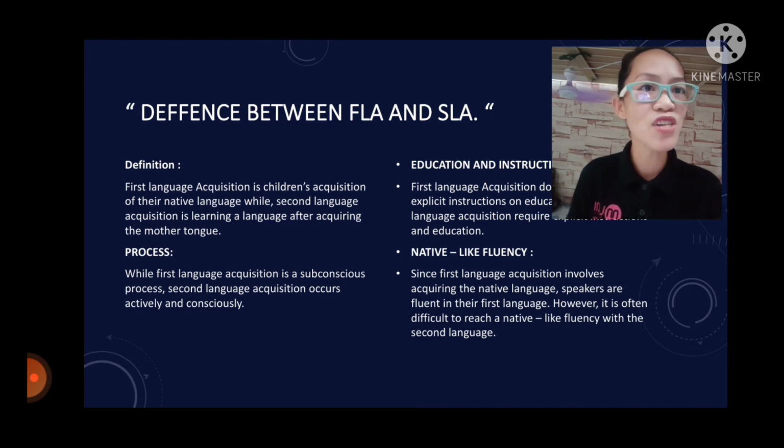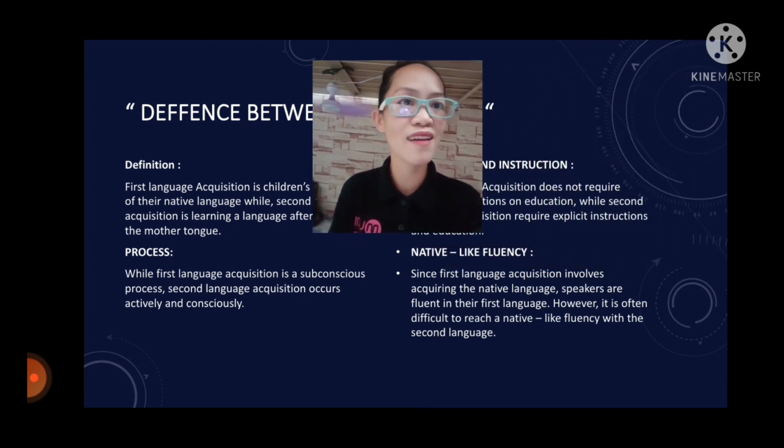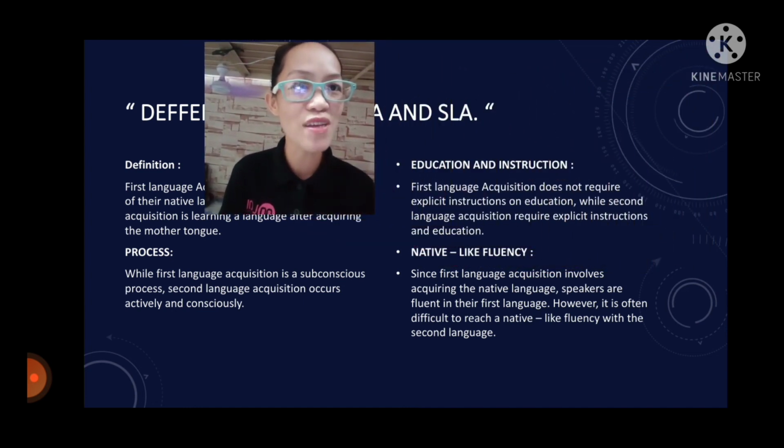So, for the educational instructions, the first language acquisition does not require explicit instructions or education, while second language acquisition requires explicit instructions and education. Native-like fluency. Since first language acquisition involves acquiring the native language, speakers are fluent in their first language. However, it is often difficult to reach native-like fluency with the second language.